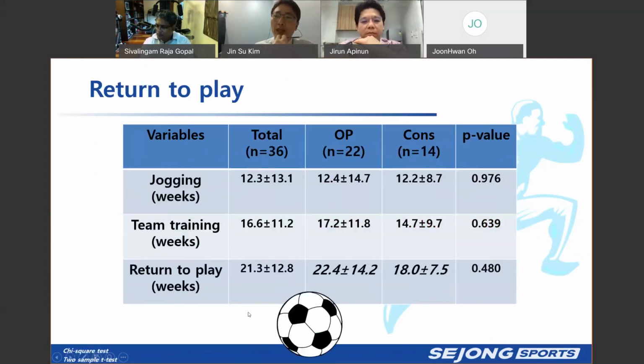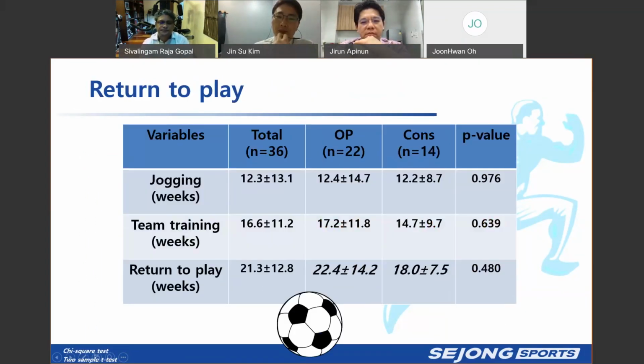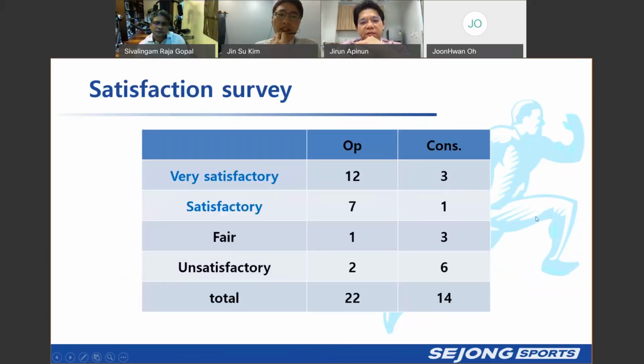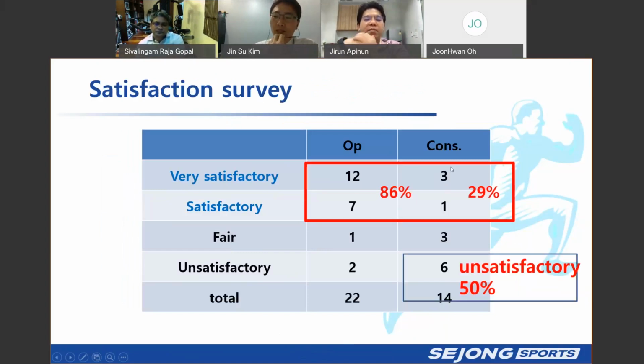In terms of return to play, it is nearly the same, which means the conservative group can also return to play. On the stress view, of course, talar tilt is much improved in the operation group. In the satisfaction survey, the surgical group was 86% satisfied, but the conservative group was just 29%, and 50% of the conservative group was unsatisfied.